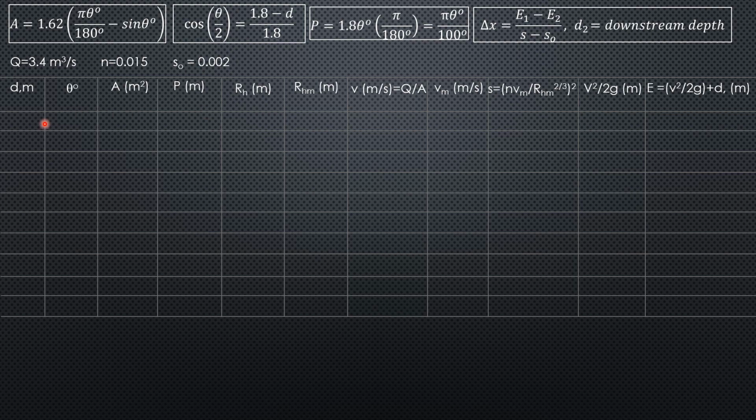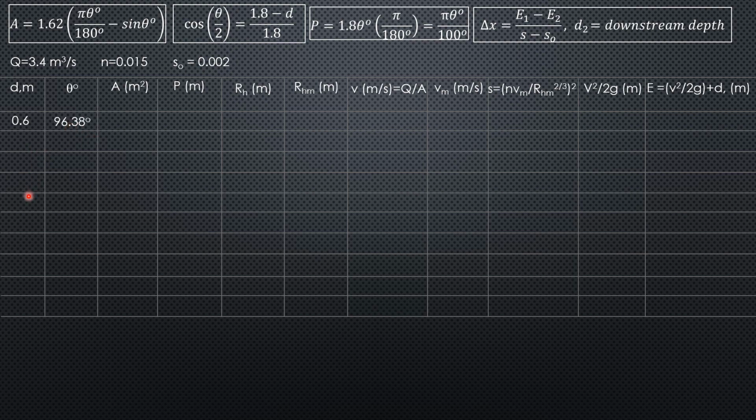So for the depth, let's begin with 0.6, which is given. So substitute here. Theta is 2 times inverse cosine on your calculator, open quantity, (1.8 minus 0.6) over 1.8, close. Then you will get theta in degrees. Do not erase.